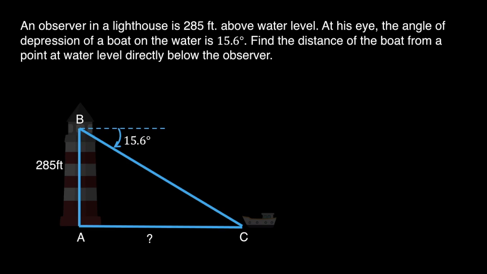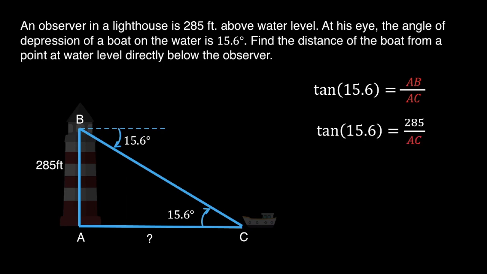Now, we know that when two parallel lines are cut by a transversal line, opposite interior angles are congruent. Therefore, angle ACB must also be 15.6 degrees. Since triangle ABC is a right triangle, we can use the tangent function. Tangent of 15.6 is equal to its opposite AB divided by its adjacent AC.